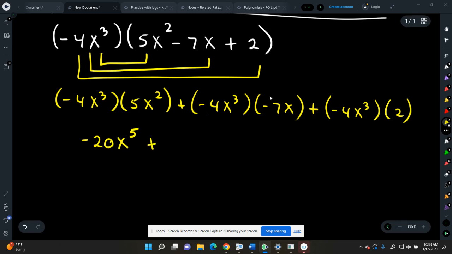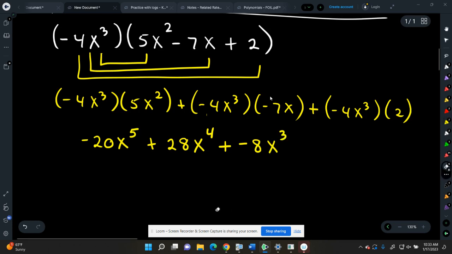Plus, now I have a negative 4 times a negative 7, which is a positive 28. X to the third times x gives me x to the fourth. Plus, negative 4 times 2 is negative 8, x to the third.